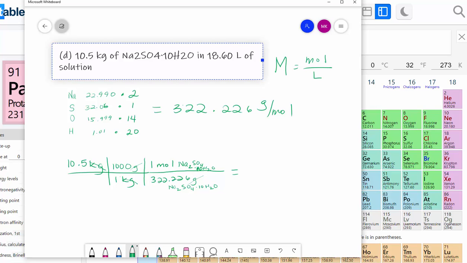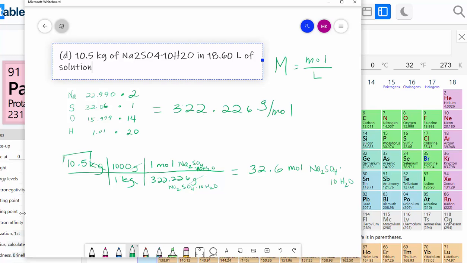To complete this calculation, I take 10.5, multiply it by 1,000, then divide that by 322.226. You don't have to remember a formula, you just have to make sure that the units all cancel out correctly. So I get 32.5... let's not give too many significant digits. There are 3 sig figs here, so this is going to round to 32.6, and that is moles of my compound, my sodium sulfate decahydrate.